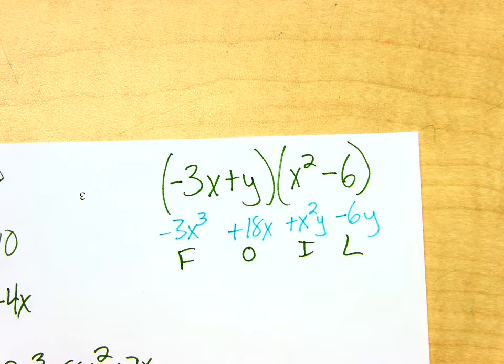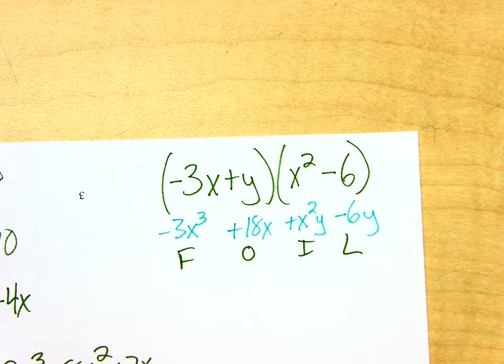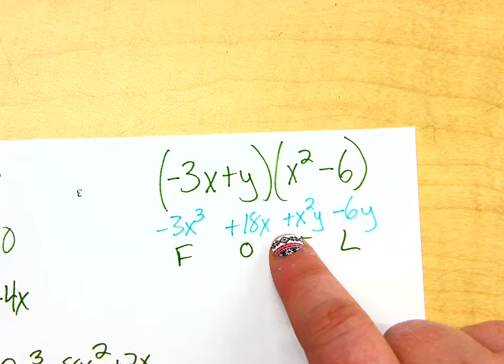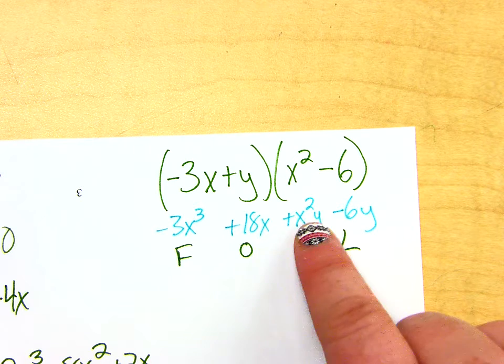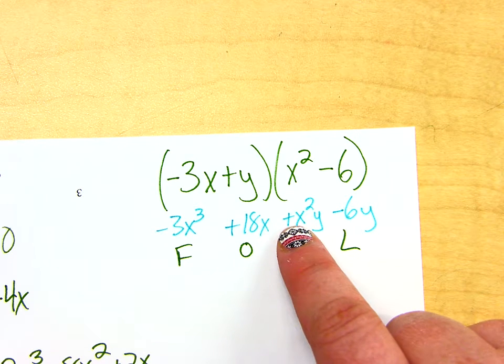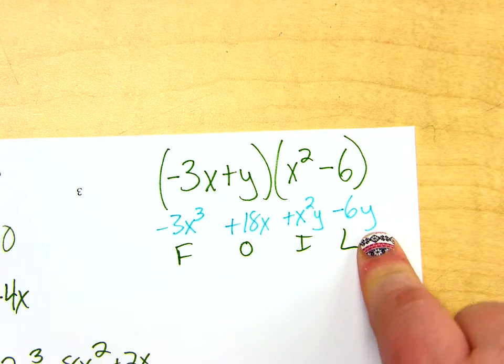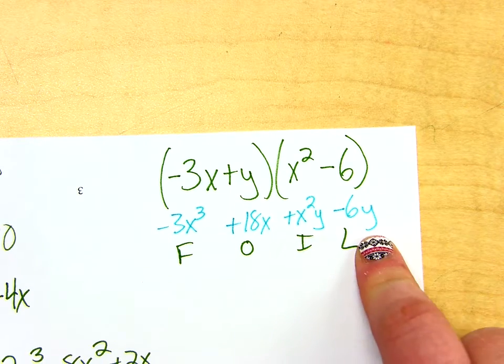This one's interesting because I don't have, or wait, I shouldn't just tell you. Do I have any like terms to combine here? No, this time I don't. The two middle ones that are usually the ones that I combine, they're not like terms, so I can't do it. What I should do, however, is write this in standard form. Is it in standard form as it's written?